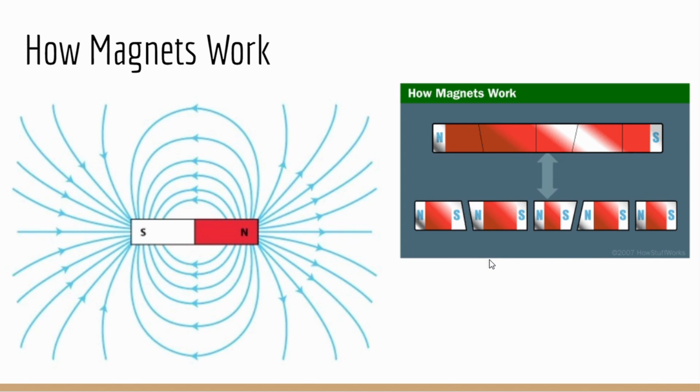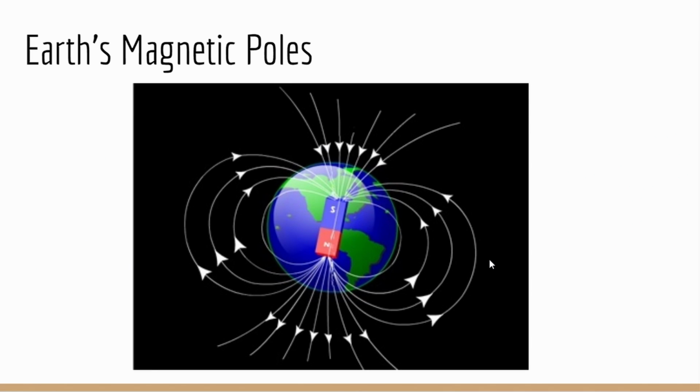So let's take this idea of a bar magnet and apply that to Earth's magnetic poles. Really we can think about Earth as one giant bar magnet. You can see here's what we think of as the North Pole, and here's what we think of as the South Pole. And you can see how this bar magnet looks opposite of what we would think.